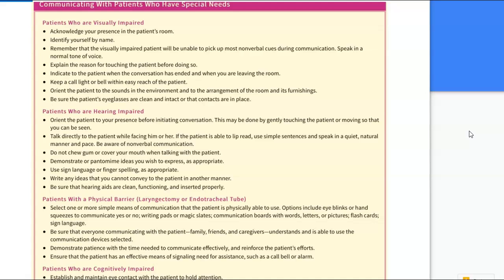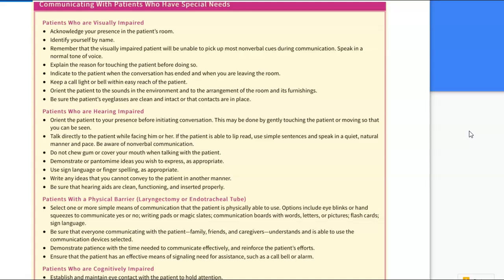Directly talking to the patient, maybe they can read lips, and thinking about that now in this COVID era, we have those masks that are clear on the face so that people who are hard of hearing can read lips if they're able to.